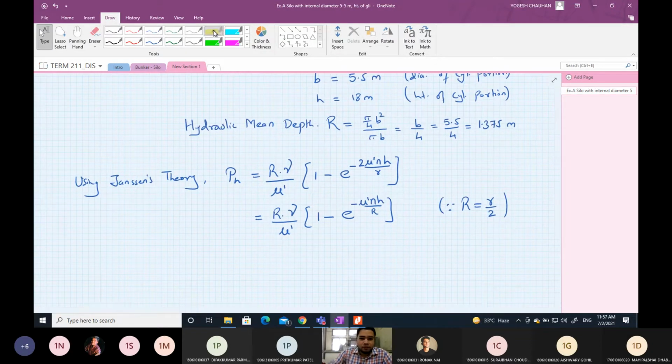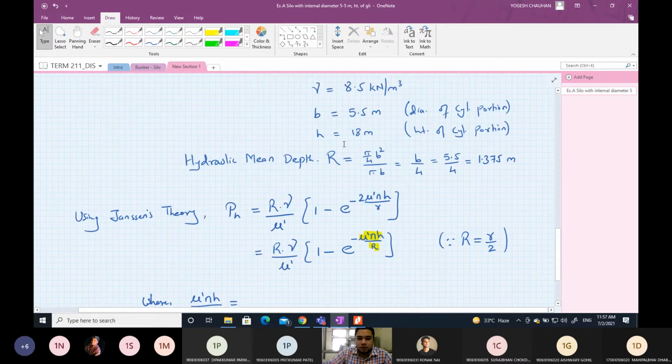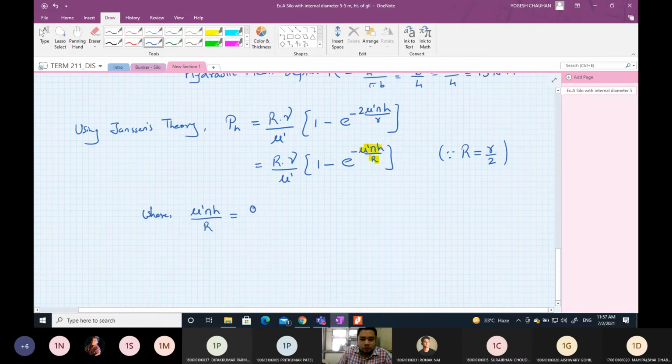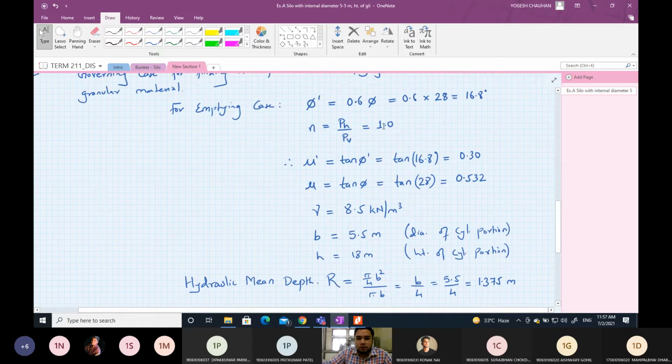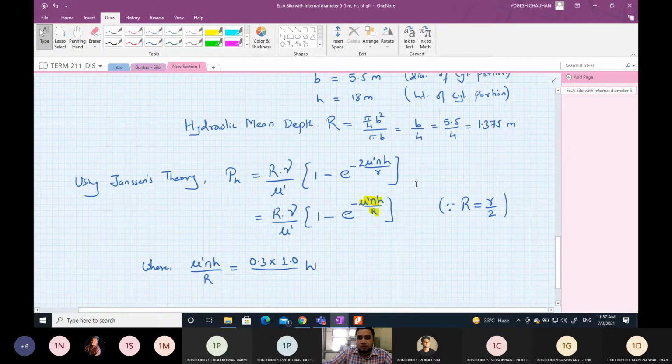So let us first find this term mu dash into N into H by R. So mu dash N H by R is equal to, the value of mu dash is 0.3 into N is 1 for the emptying case, and H we keep as H only because we will be finding it at different heights, so leave it as H. So formulate this in terms of H divided by 1.375.